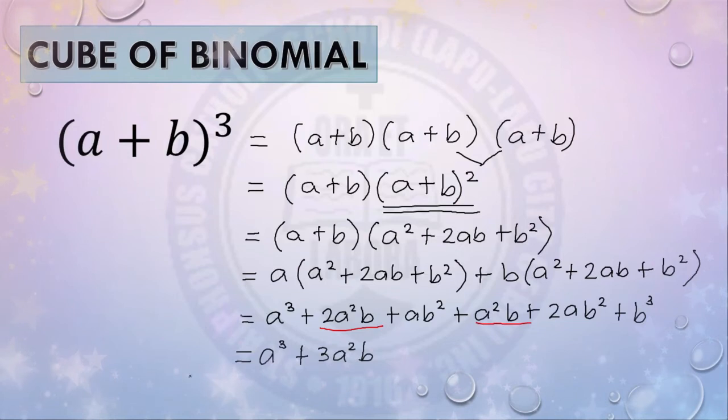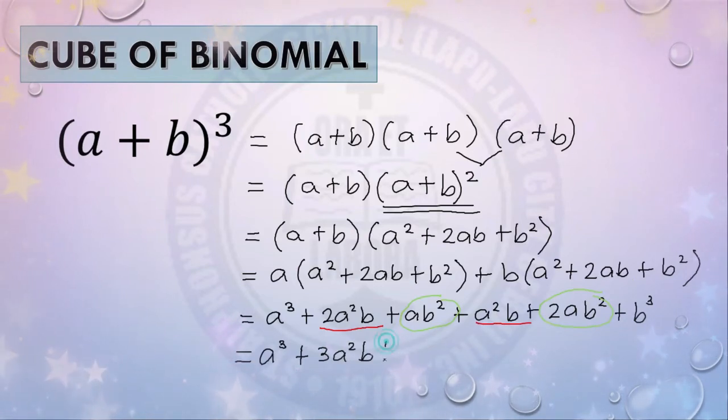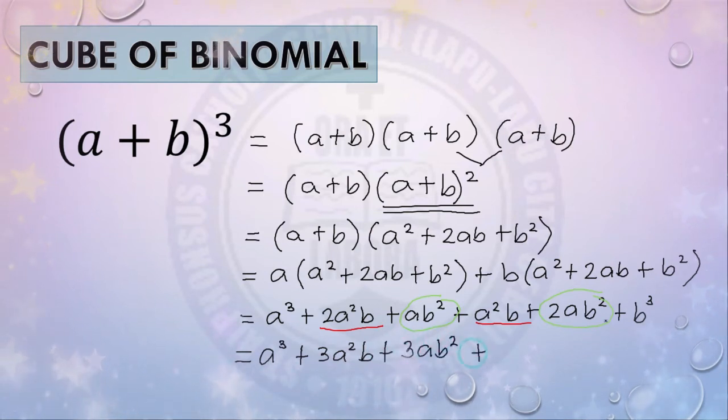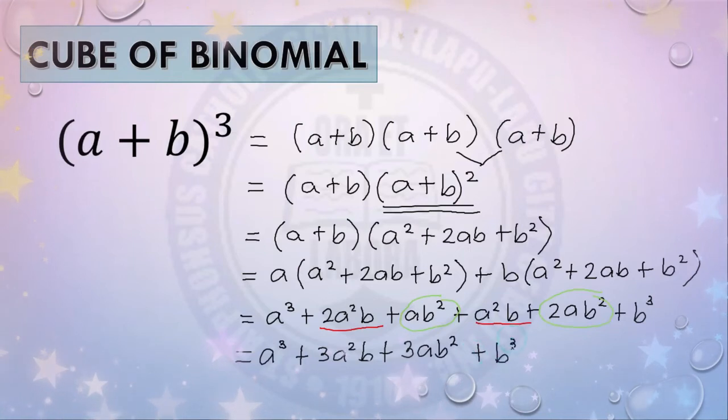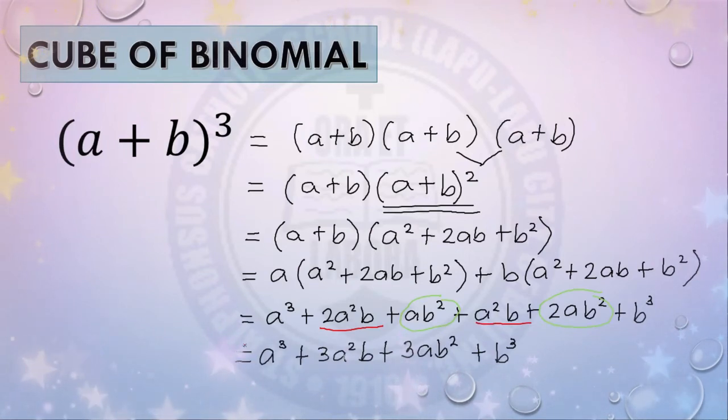And another like terms is this one. We have ab squared and 2ab squared. If we combine them, it will equal 3ab squared, and lastly copy b cubed. Then this is how we get the pattern for the cube of a binomial.